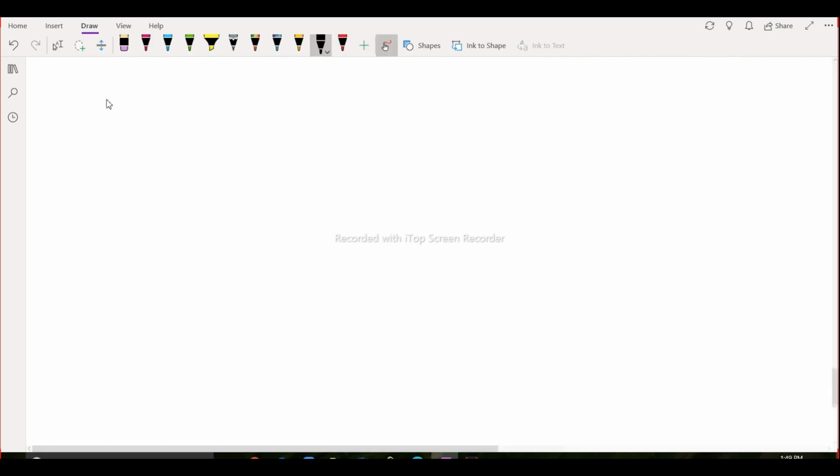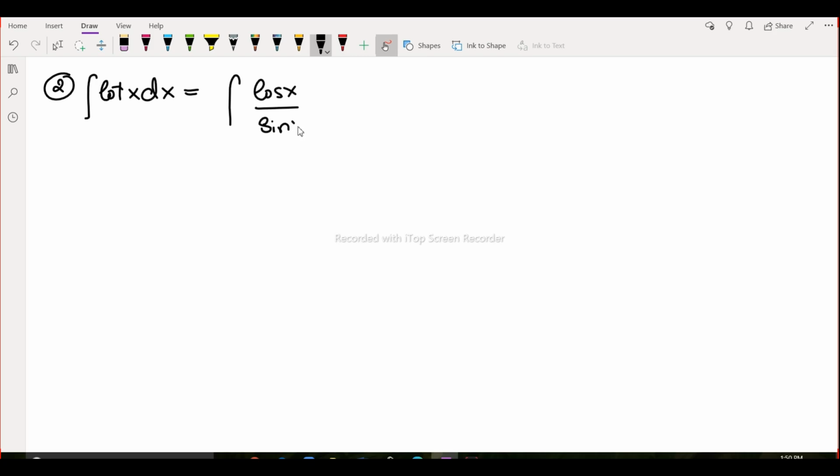Now let's try the next one, cot x. So cot x is actually very simple. It's in fact direct, because you have cot x as cos upon sine, and derivative of sine is cos. So there is no problem. You can just directly write this is ln sine x plus c.